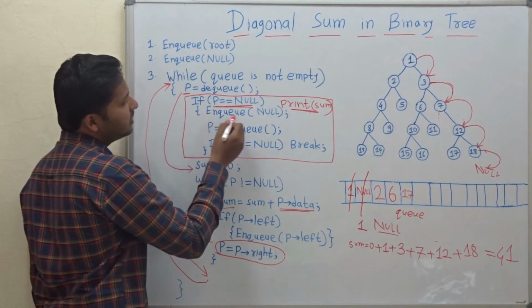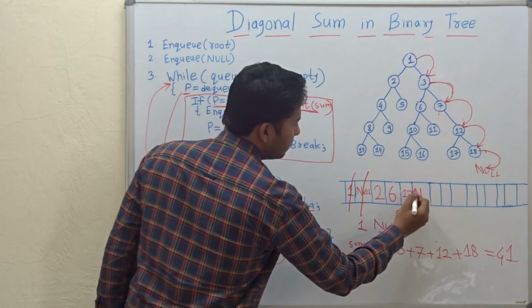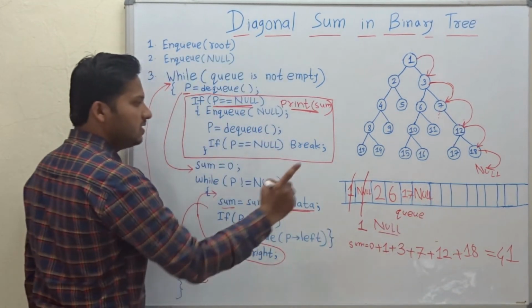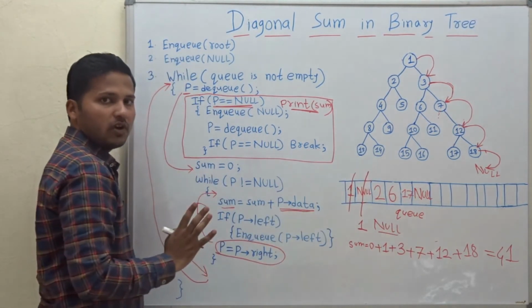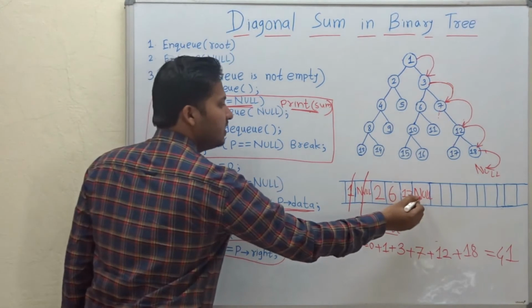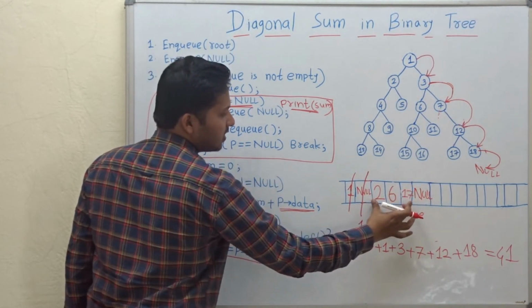Now again enqueue null. You have to enqueue another null. This other null is for tracing the next diagonal. This null is going to end the diagonal starting with 2, 6 and 17.